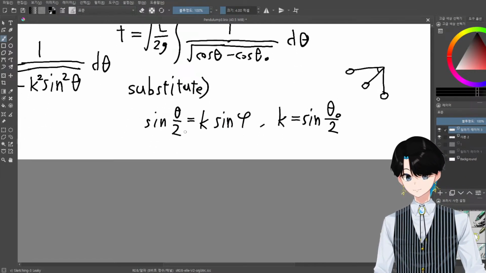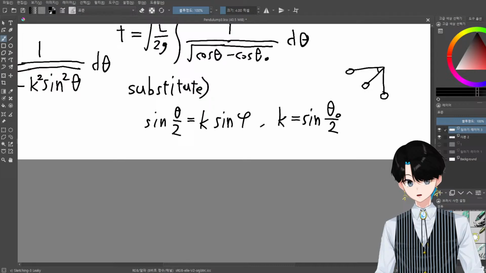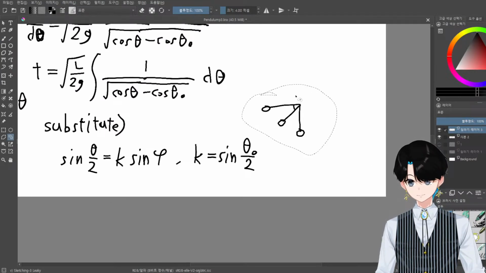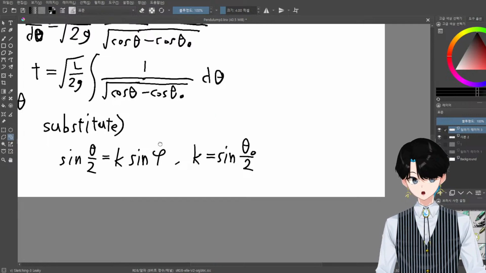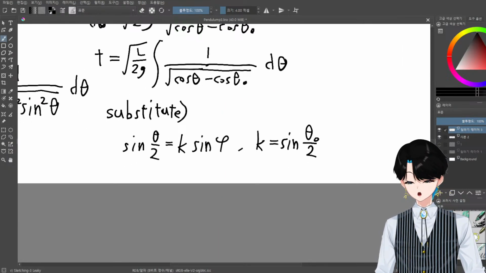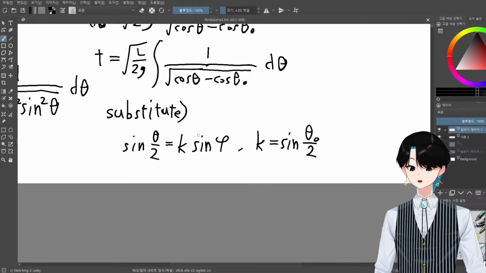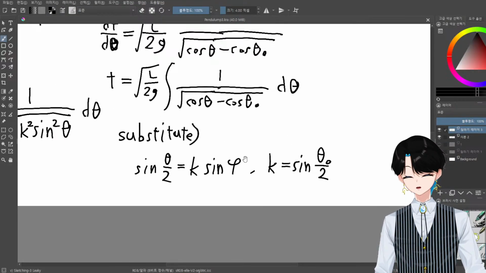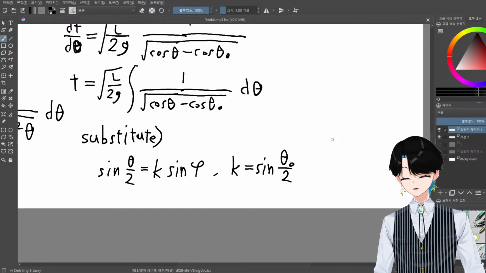And I don't think any further explanation is required to explain this, because you guys are smarter than me and you probably understand what this means. So k is this value, and the function theta depends on t.